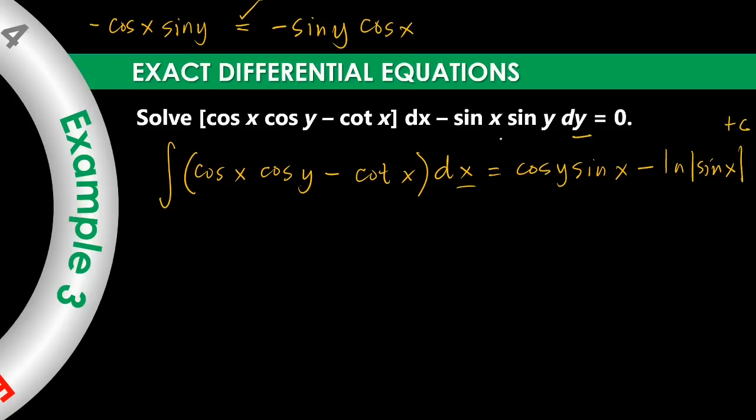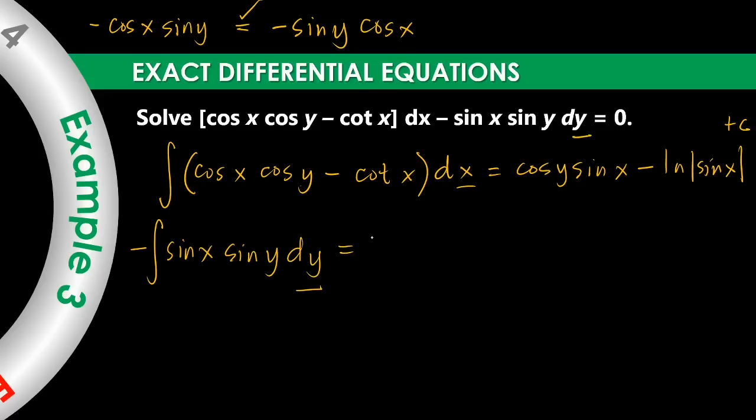Now, let's integrate the other one. The integral of negative sin x sin y dy. Negative sign, baka makalimutan mo. So, if we integrate this, we will treat x as a constant.